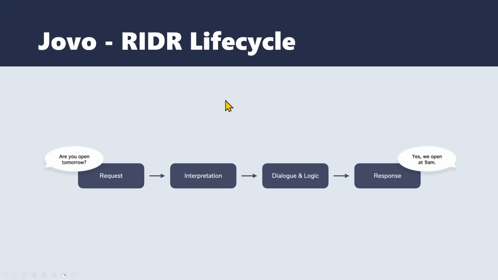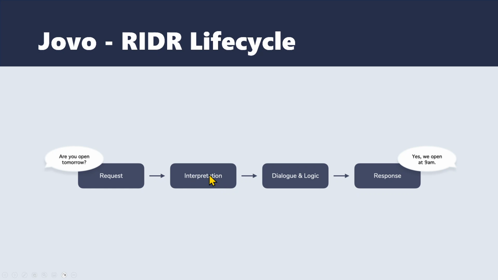Before we talk about the next concept, which is the pipeline, Jovo has this concept of the RIDR lifecycle. And if we think about things at a top level, in this case, this is a voice assistant. The user is asking, are you open tomorrow? So what the user said needs to be converted into a request and sent off to interpretation.